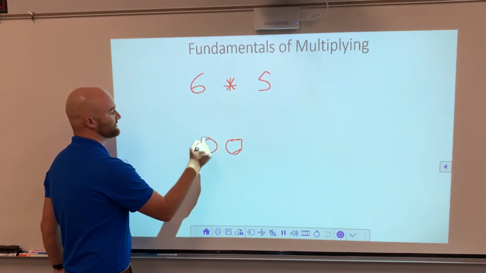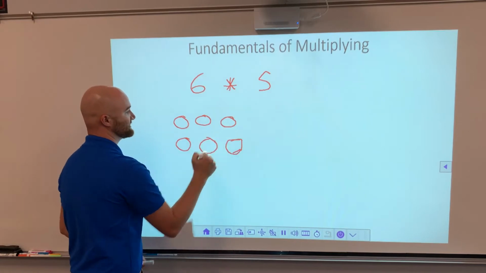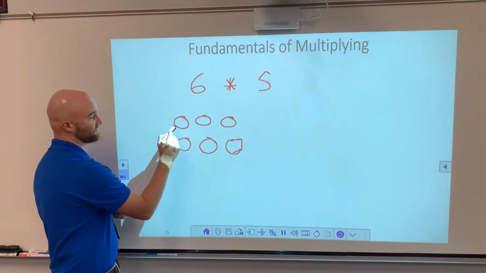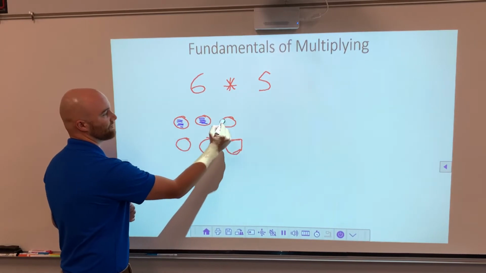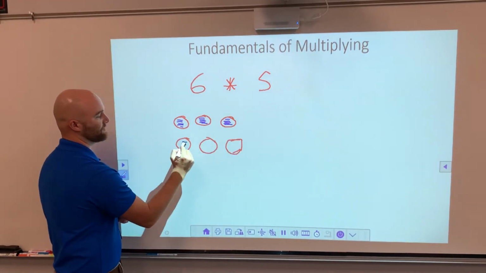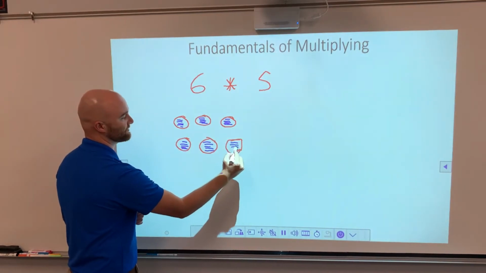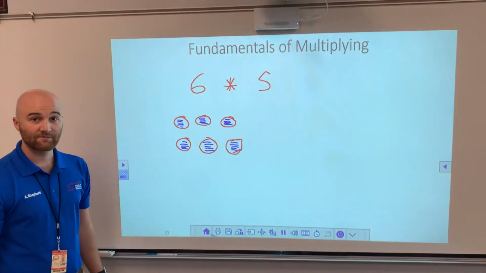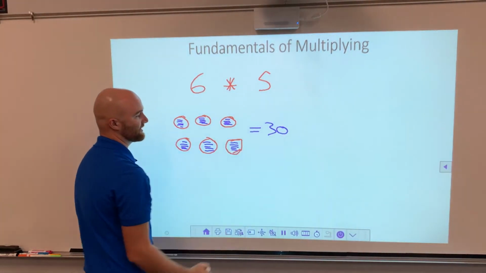I've got 1, 2, 3, 4, 5, 6, and each one of those will have 5 tick marks. If I count up all the tick marks, I'll find out that my answer is 30.